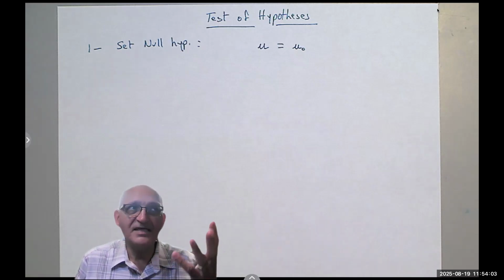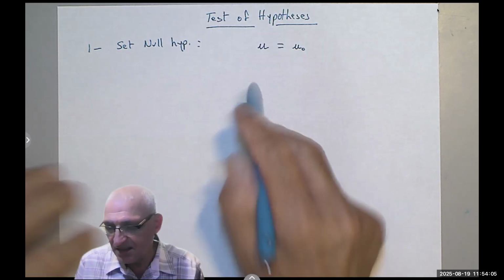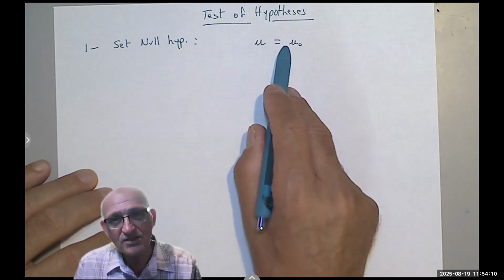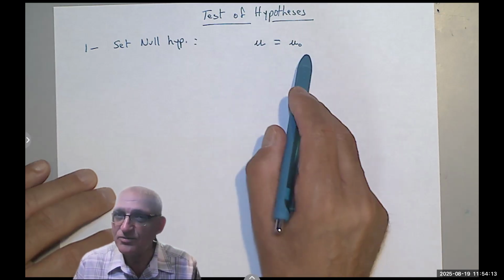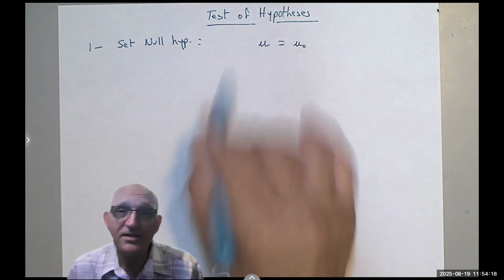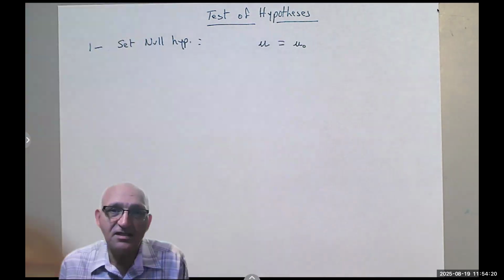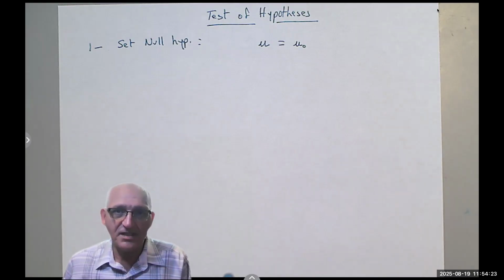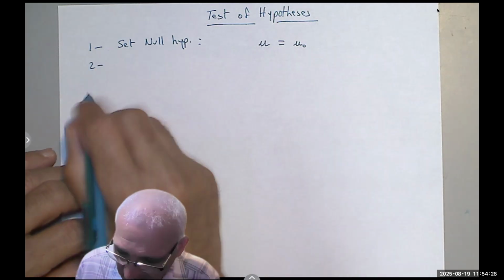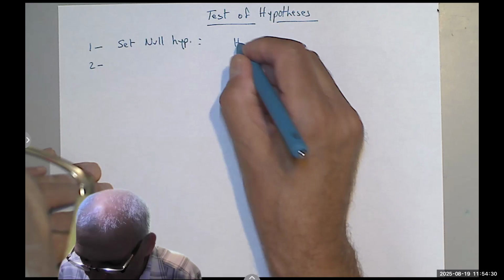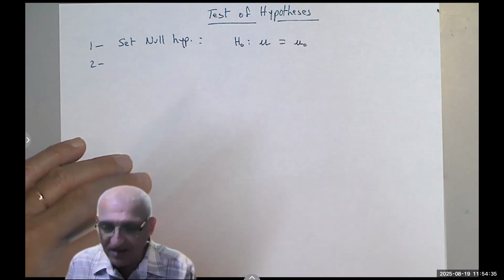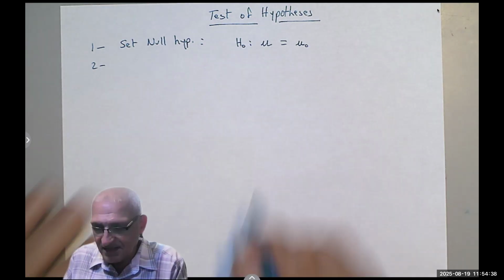I know that in some management textbooks, you may see it says mu is greater than or equal to mu 0, or mu equals mu 0, or mu less than or equal to mu 0. But statistically speaking, mathematically, the null hypothesis has always to be written as mu equals something, equal a value. Okay? Now, we call it the null hypothesis. H stands for hypothesis, and the null is what we are having as a claim.